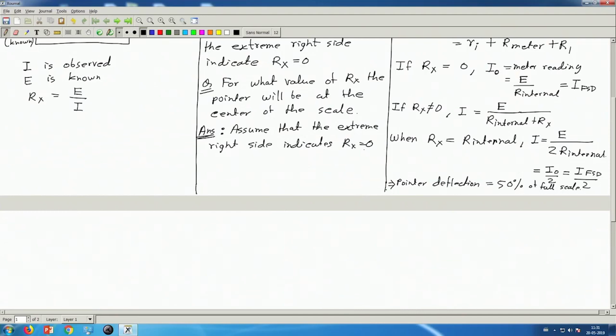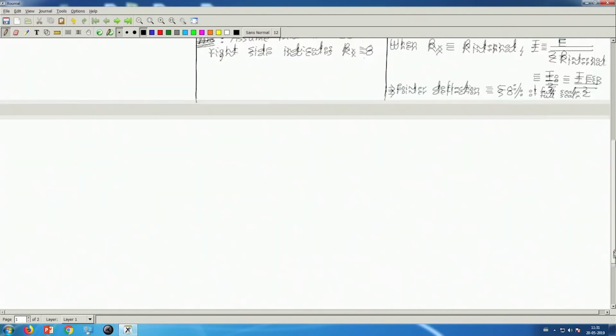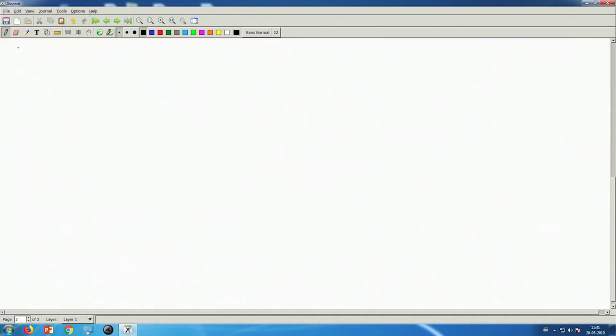So, the conclusion: Rx equal to 0 corresponds to the full scale deflection current IFSD, that means the pointer position is at the extreme right.